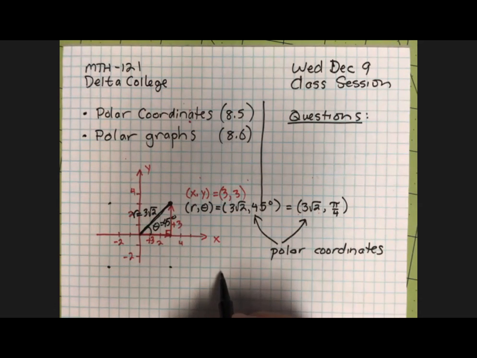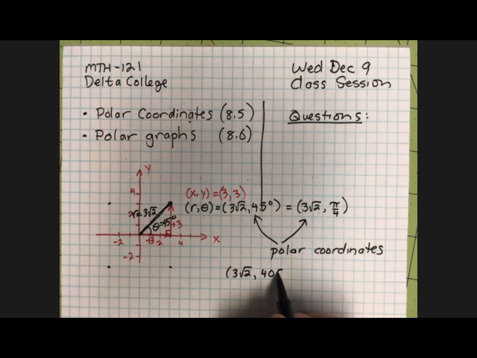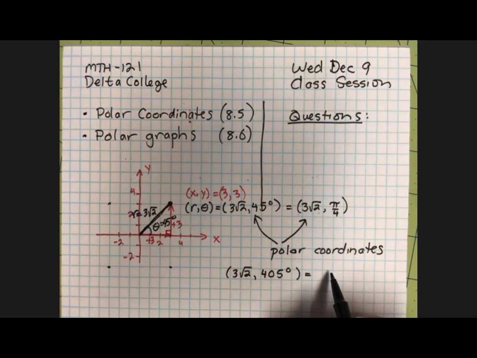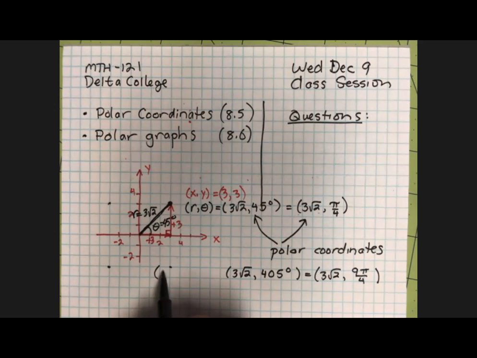So I could have equally well said 3√2 and 360 plus 45, which is 405 degrees. Or 3√2 and 2π plus π/4, which is 9π/4. Those things would both be equal to 3√2 and 45 degrees.